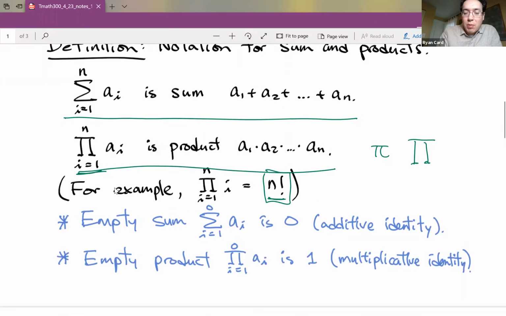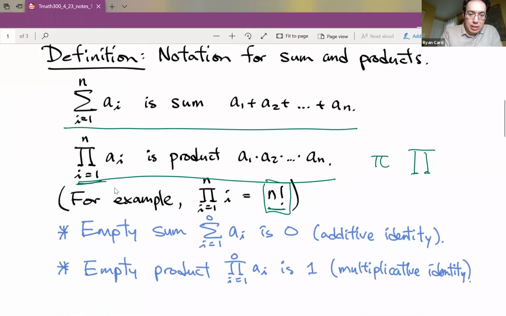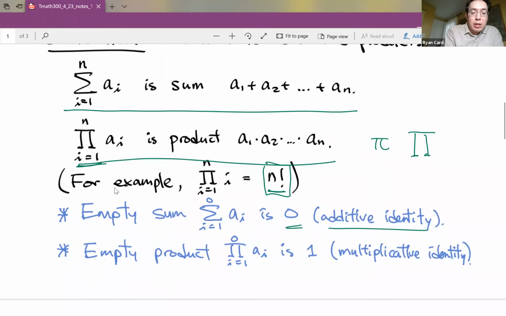One piece that I want to highlight that sometimes comes up: the first one is very reasonable. If you don't add anything, then the empty sum is considered 0, because 0 is the additive identity. If you start with a 0, and if you don't add anything, then it is itself 0. If you have an empty product, if you think about it long enough, I think you'll come to the same conclusion as well.